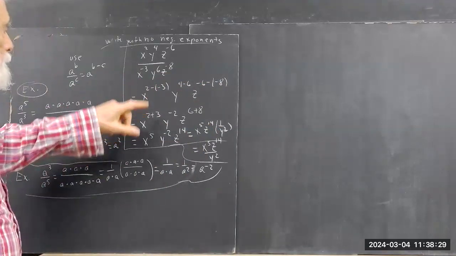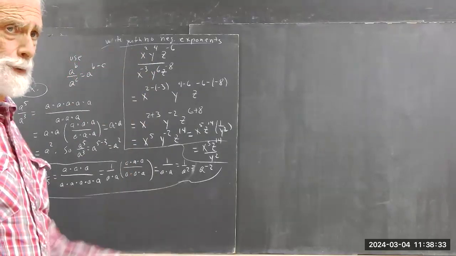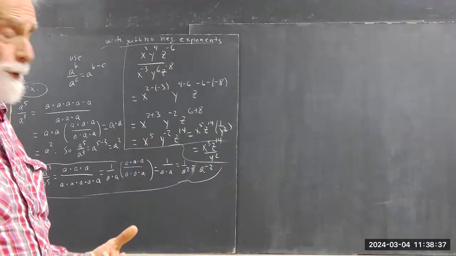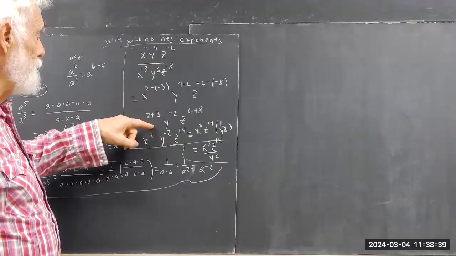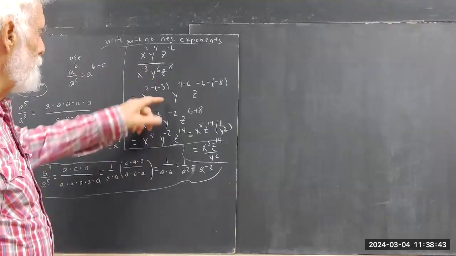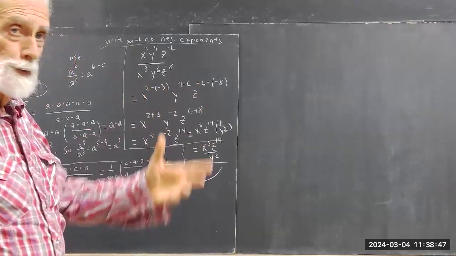Then being real careful, I'll write 2 minus negative 3 is 2 plus 3. That's something you really don't want to do in your head unless you never make a mistake. Because it's easy to see that this matches this. And 4 minus 6, well, it's negative 2. Trust ourselves to do that.